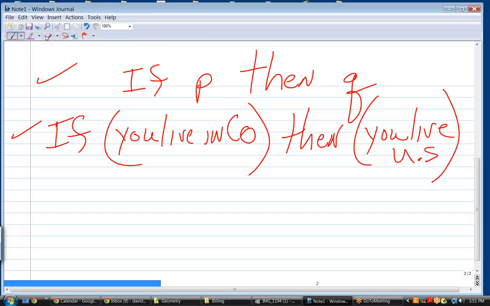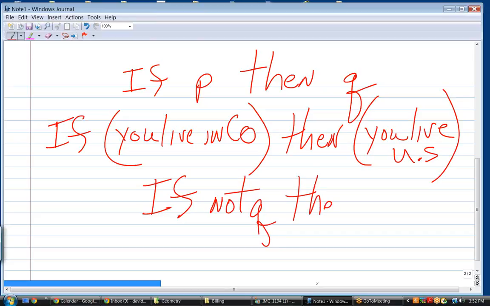Okay? So if P then Q does not mean if Q then P. But what it does mean always, every time, is if not Q, the second part, then not P. Notice in my example, I can say that if you do not live in the United States, then it's true that you do not live in Colorado.